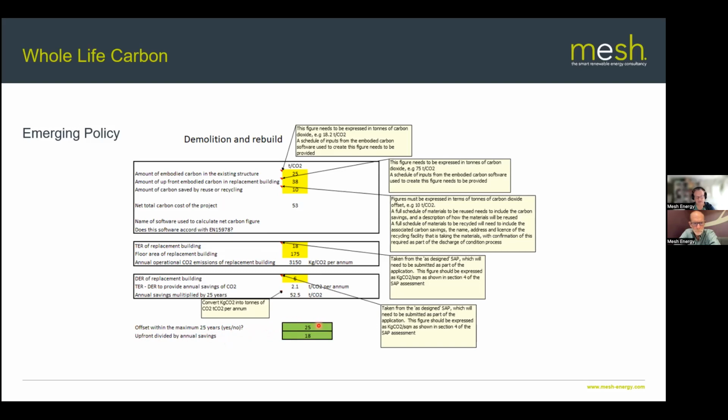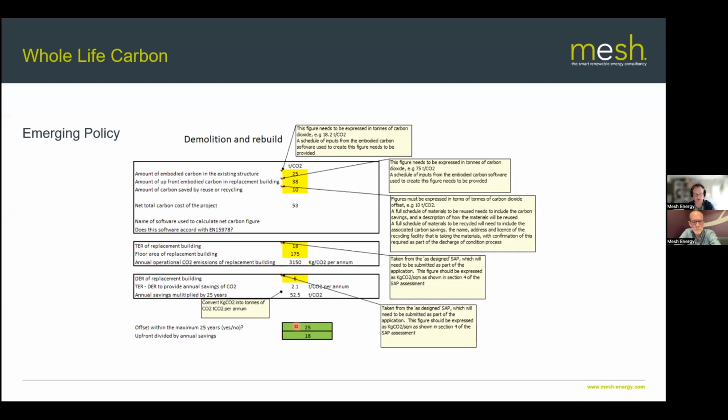Now, this is obviously really quite difficult to achieve. It does get questioned, but it's not the be all and end all. And the point of the policy, as I was saying, is really to encourage more sustainable design thinking about the choice of materials and the energy use intensity.